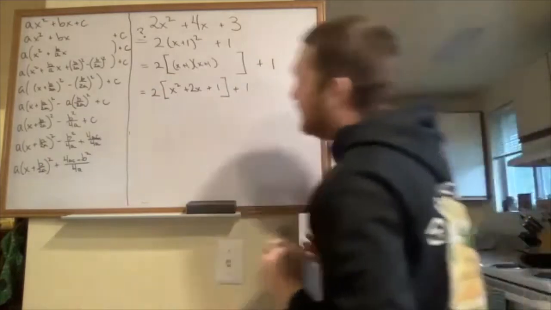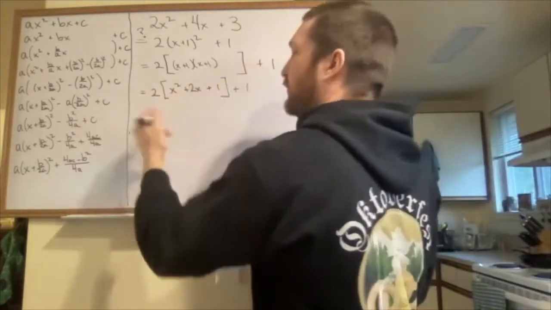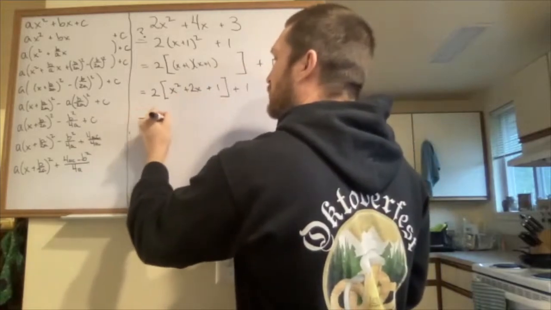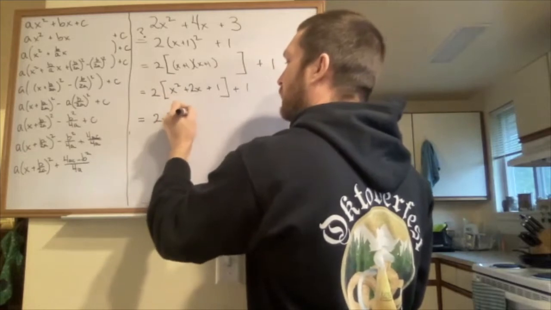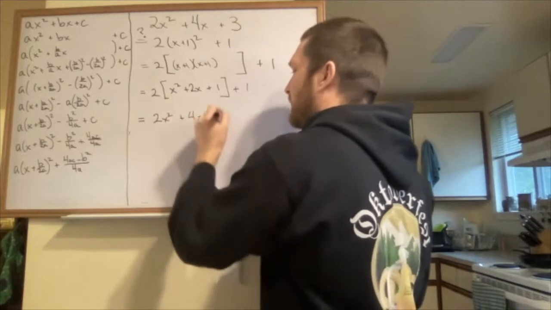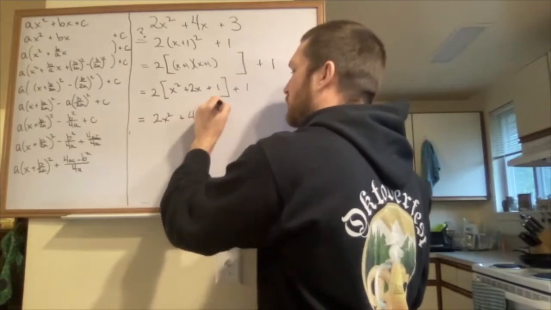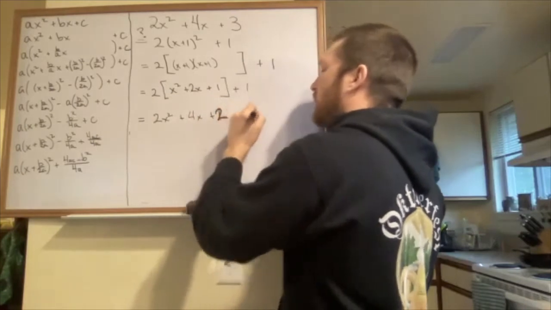Okay, good deal. Now let's multiply that 2 through. We get 2x squared. 2 times 2x is plus 4x. 2 times 1 is plus 1. I'm sorry, plus 2. 2 times 1 is 2, last time I checked. And then we have the plus 1 on the outside.